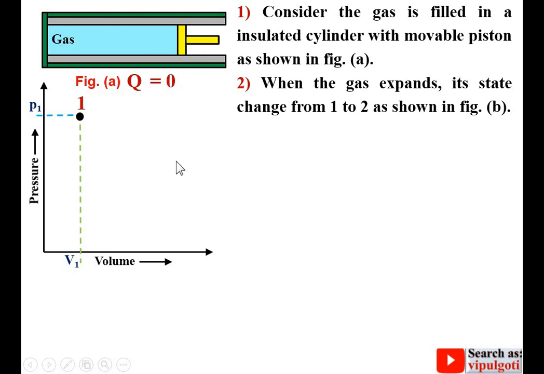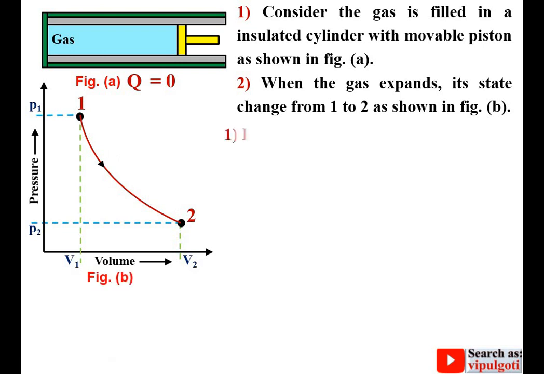Let's say it is the state 2, and if I want to show that state 2 on the PV diagram, then it is over here, and the corresponding pressure is P2 and the corresponding volume is V2. And this process from state 1 to state 2 is known as the adiabatic process. Let's say it is figure B.